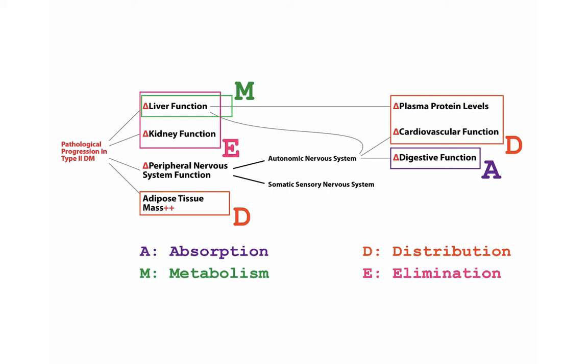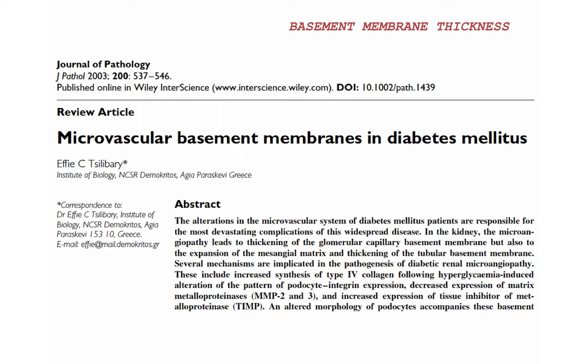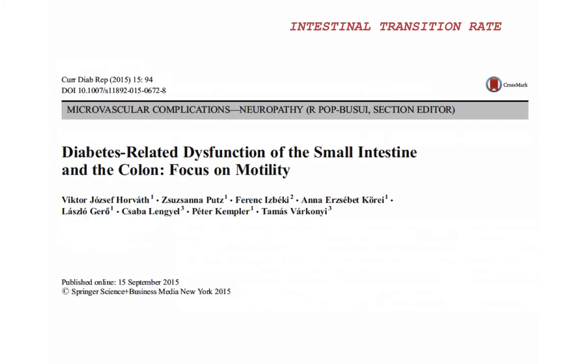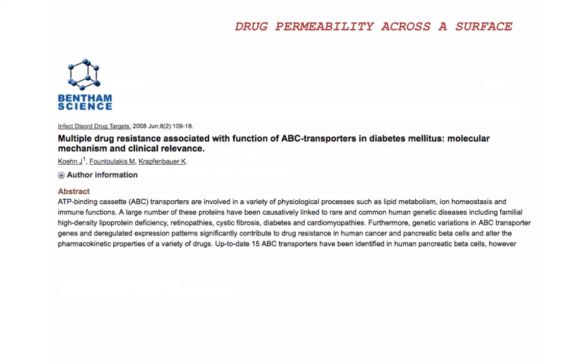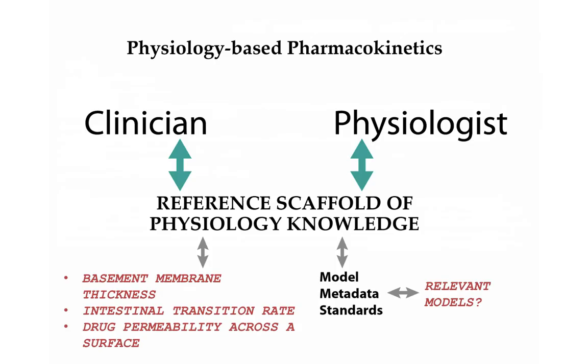But knowledge of the clinical implications of measurements, such as basement membrane thickness, intestinal transition rates, and drug permeabilities across endothelial or epithelial surfaces, is not recorded in computer-readable form. Therefore, such knowledge is neither findable nor available to inform the development of, say, a physiology model to help clinicians prescribe the right dose for a patient with diabetes.